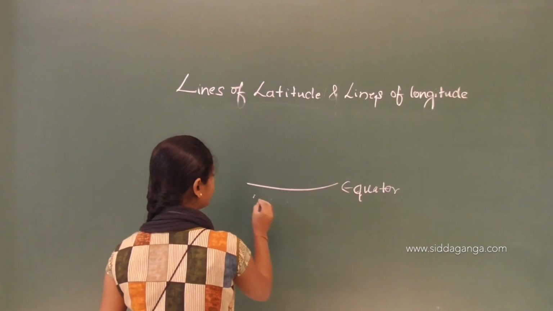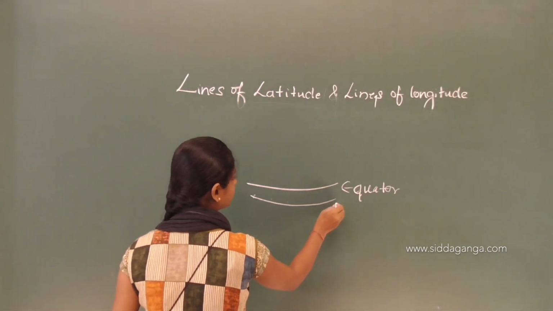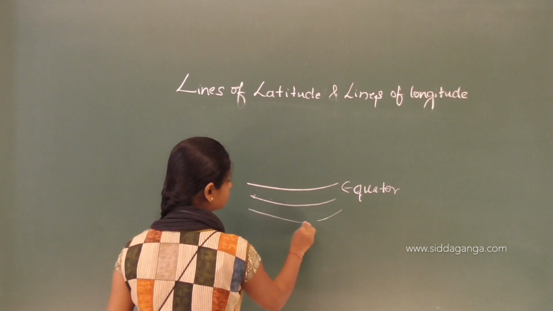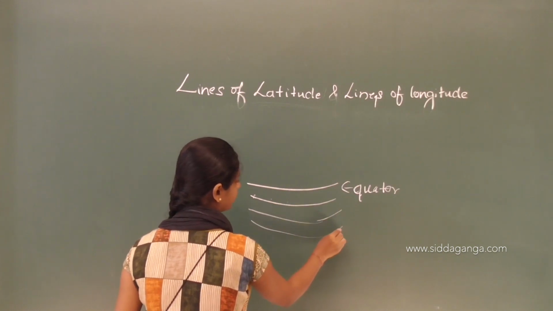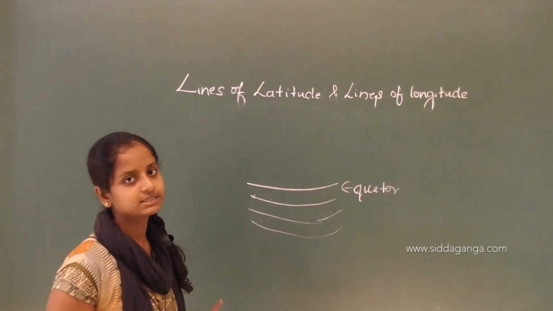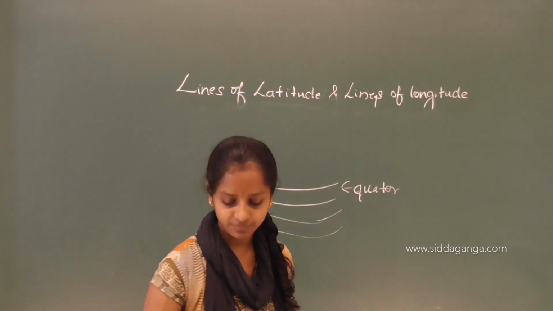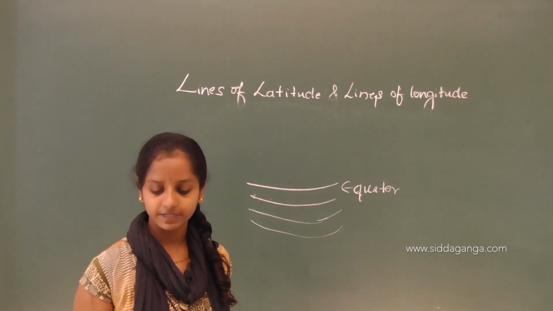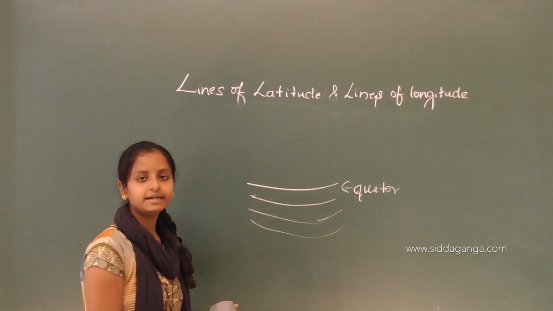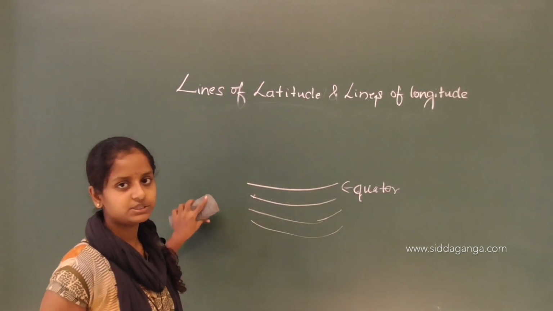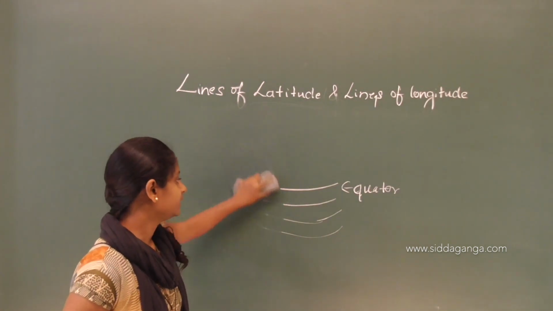This is the equator, and the lines parallel to the equator, drawn between the north and the south, are called latitudes. We have seen there are a total of 181 latitudes, and of those, 7 are major important latitudes.